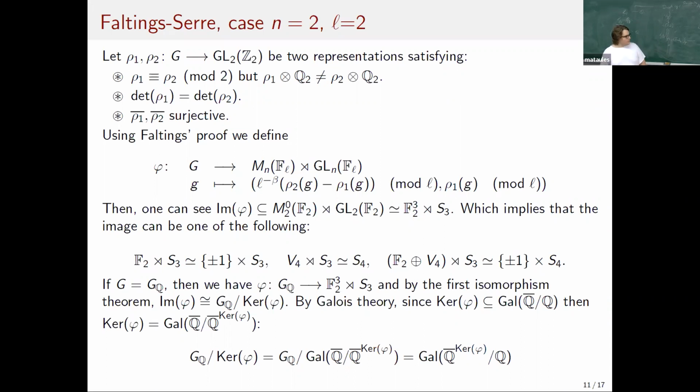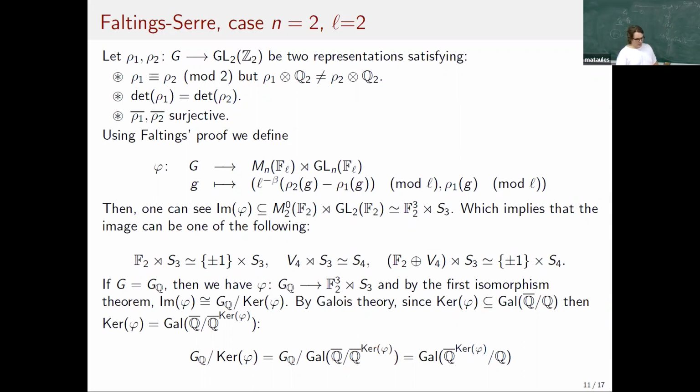What is the exponent beta? We'll talk about that. Beta is the maximum exponent such that the two representations are equal modulo L to the beta. And what you are trying to prove is that there is no obstruction to going to the next one, beta plus 1.